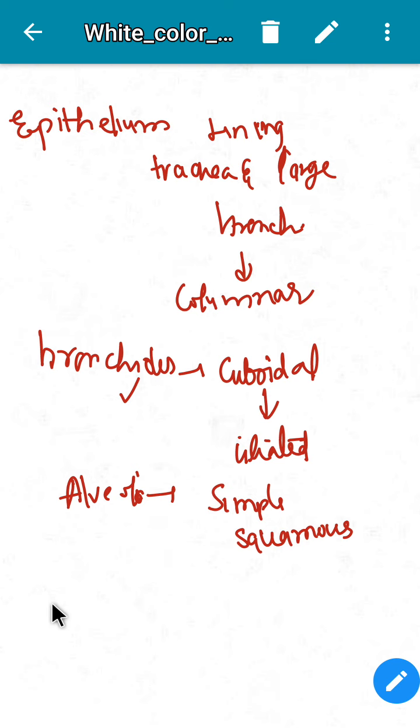There are certain non-ciliated cells like Clara cells, which are present in bronchioles.